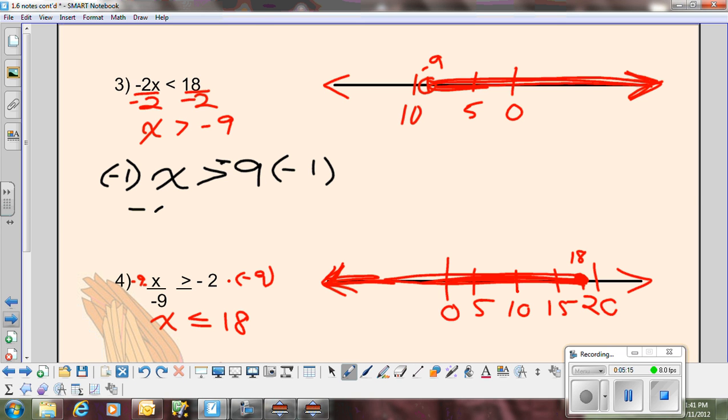It says negative x is, now if I leave it like this, if negative x is greater than 9, is that still a true statement? No. If I switch it this way, then it is a true statement.